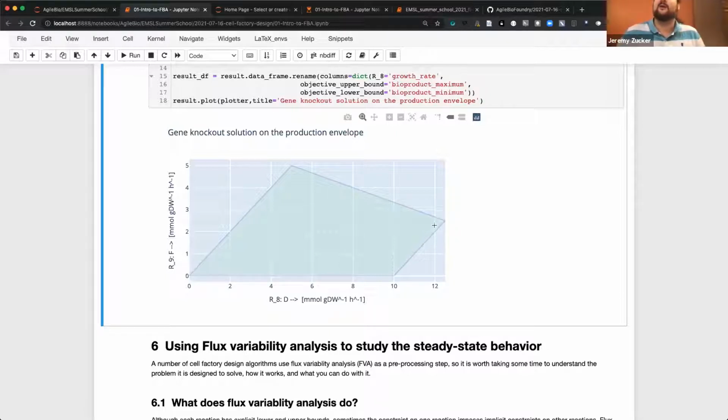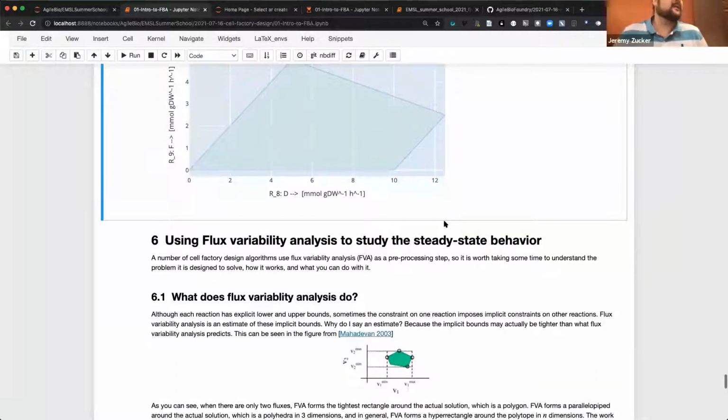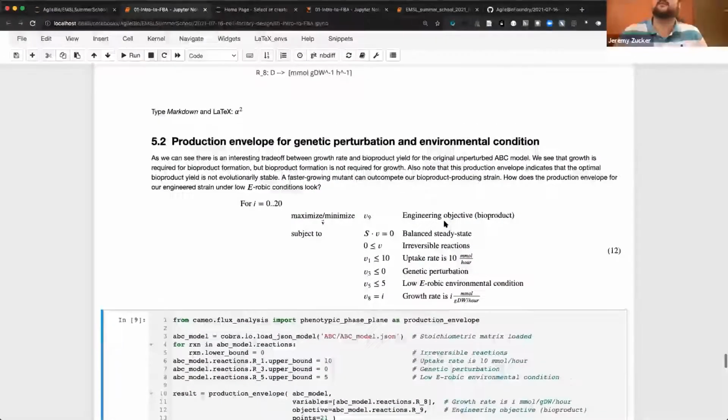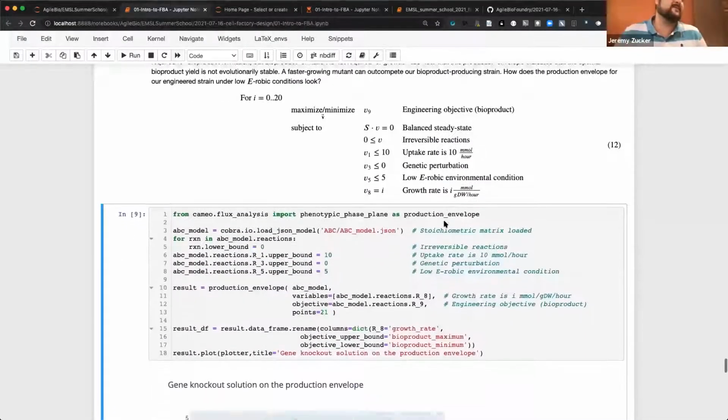So even if you don't get a perfect strain the first time, you can literally evolve that strain, and something will arise that can grow faster and must necessarily produce more bioproduct. That is much more desirable from an evolutionary stability perspective. Okay, questions about that, about evolution and or environmentally stable solutions?